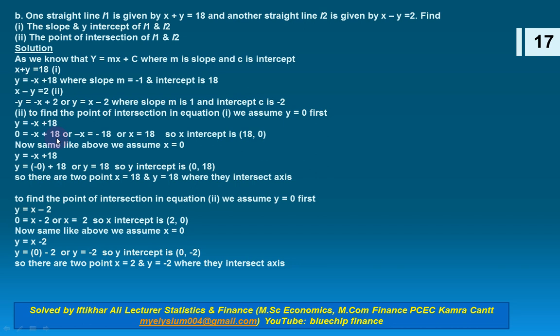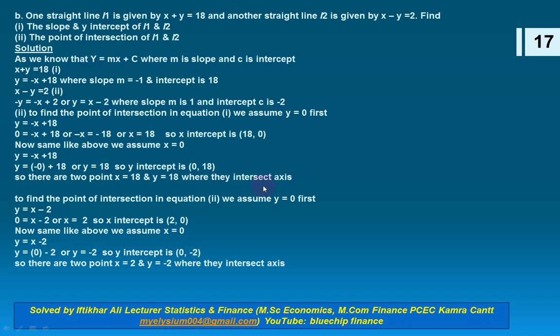So x equals 18, and the x-intercept is 18, 0. Now, same as above, we assume x equals 0. In the first part we assumed y equals 0; now we assume x equals 0. After putting the value in the equation, y equals 18. So the y-intercept is 0, 18. So there are 2 points, x equals 18 and y equals 18, where the line meets the axes.